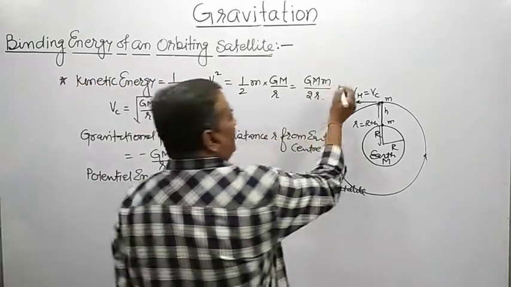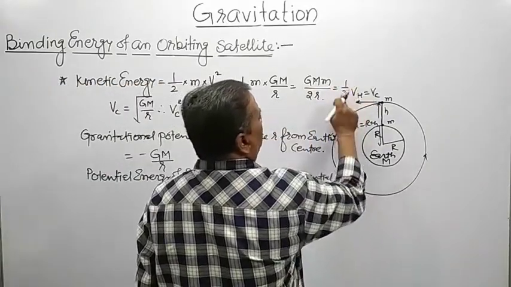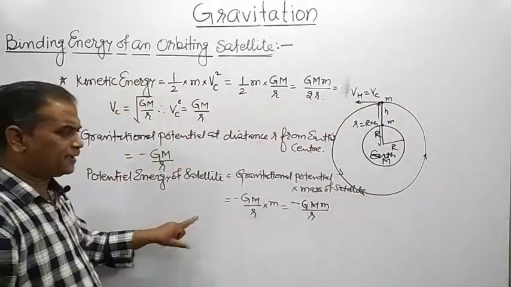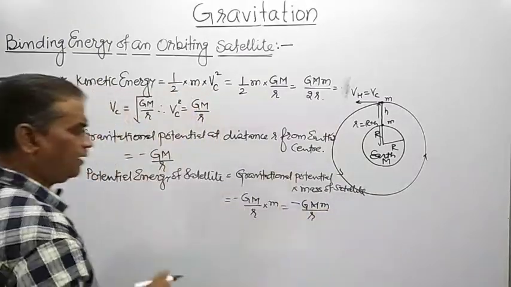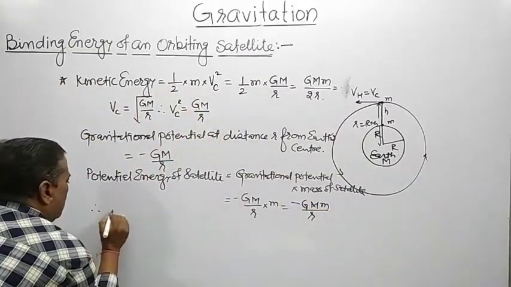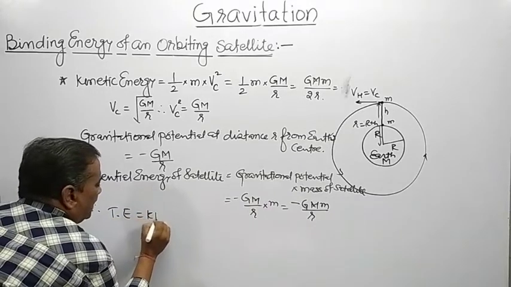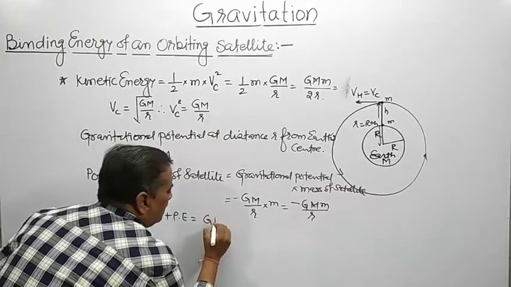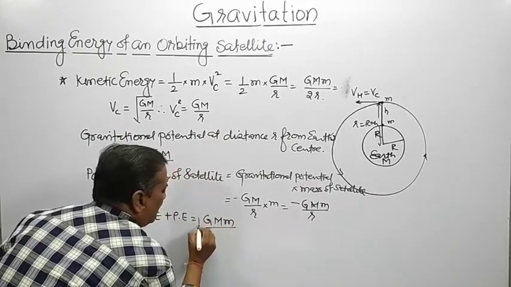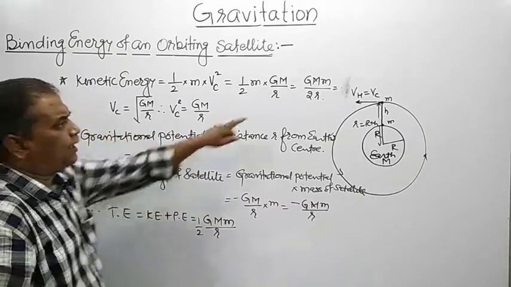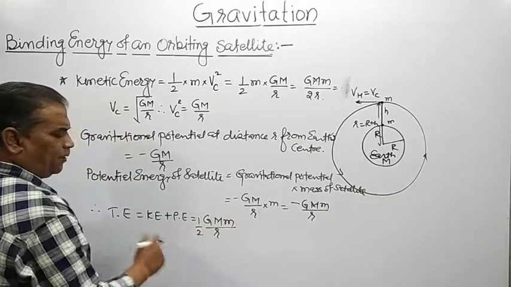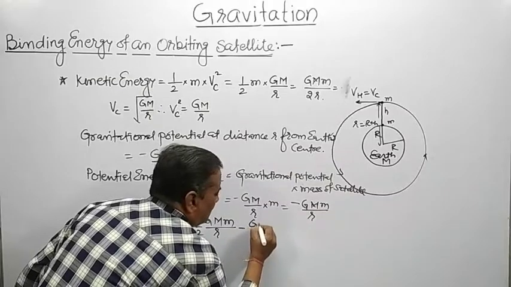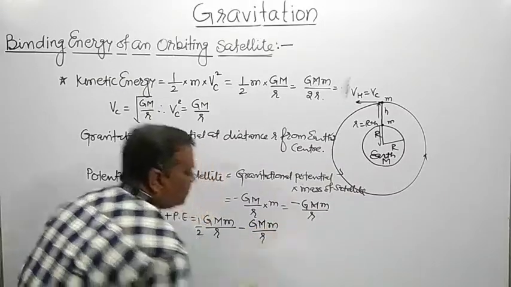See here, kinetic energy is GMm divided by 2r. Potential energy of the satellite is minus GMm divided by r. Therefore, the total energy of the satellite is equal to kinetic energy plus potential energy. Kinetic energy I can write as half GMm upon r, plus potential energy, but here potential energy is negative, so it is minus GMm divided by r.